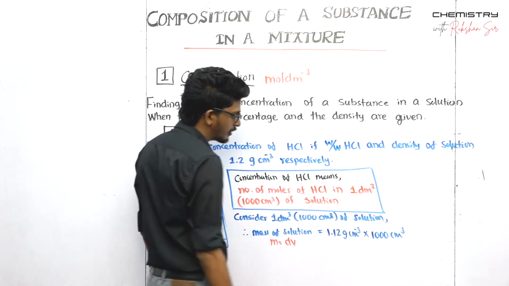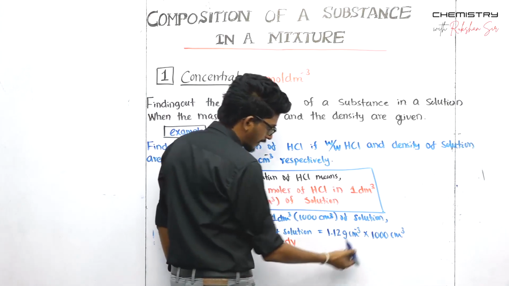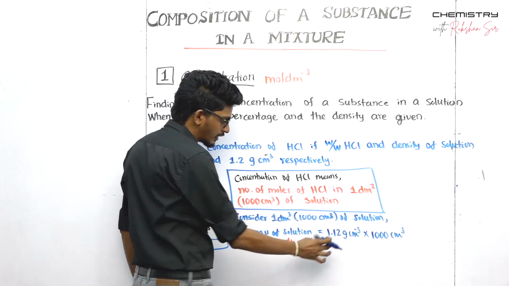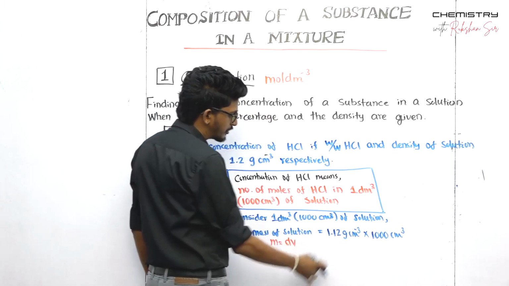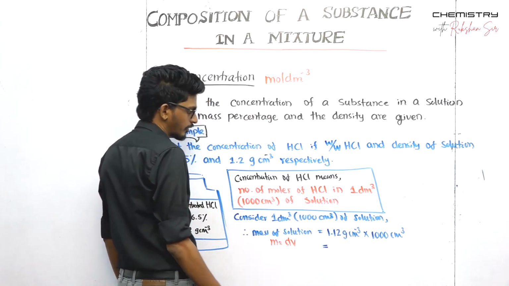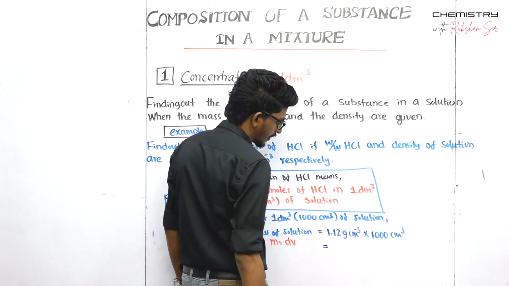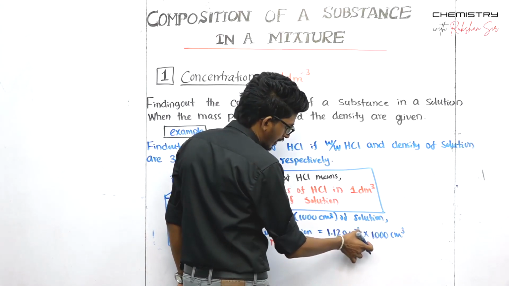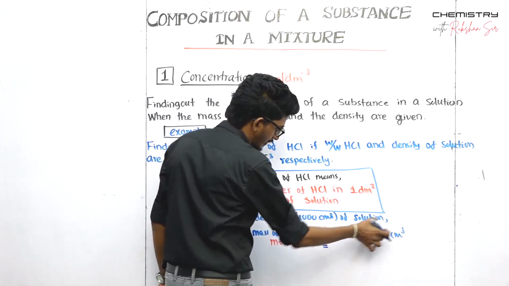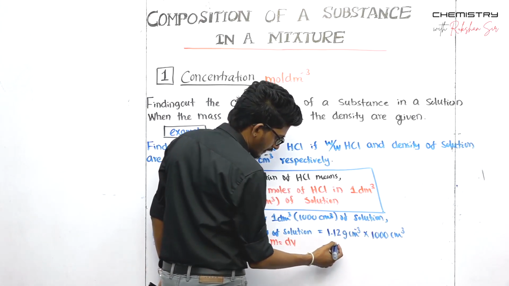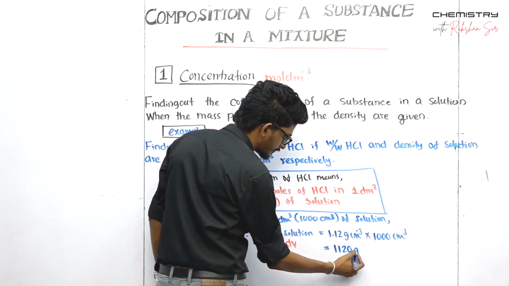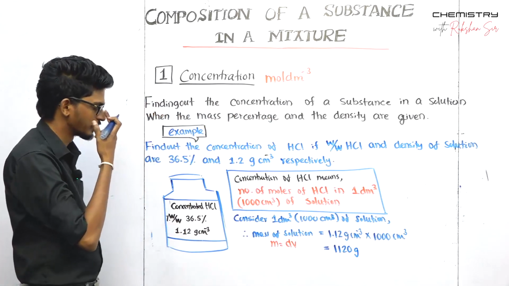Volume should be applied in cubic centimeters. Then only the cm3 terms will cancel off to give you the number in grams. That is what we require. So the cm3 cancels off, giving you 1120 grams. This is the mass of solution.